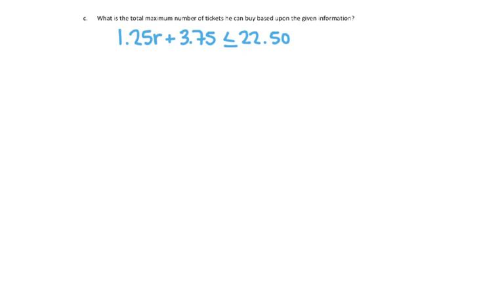So to do that, I'm going to do the opposite of addition, which is subtraction, and I'm going to subtract $3.75 from both sides of my equation. So when I do $22.50 minus $3.75, I get $18.75.